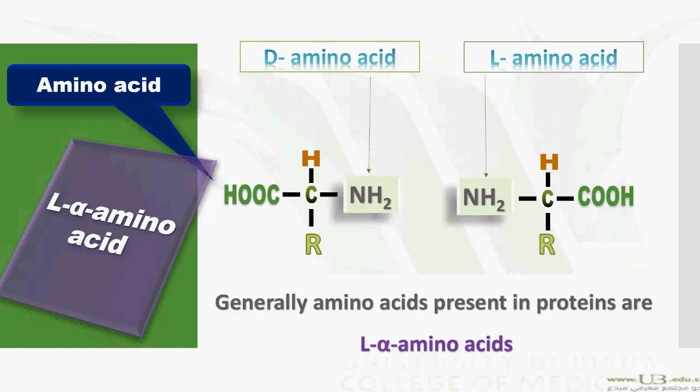The 20 amino acids which are encoded by the DNA are classified into 5 or 6 groups according to the specific structure of the R side chain. So you can find some amino acids containing an aliphatic group where the R is only carbon and hydrogen, or only hydrogen, like the case of glycine.